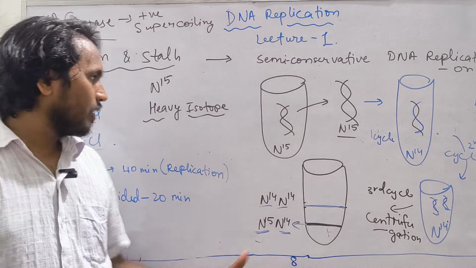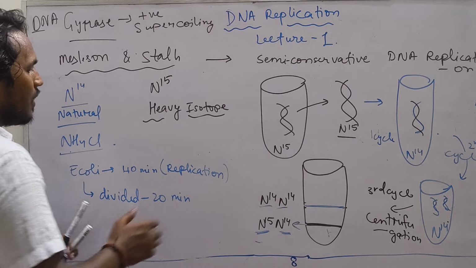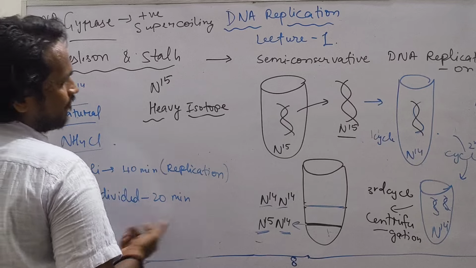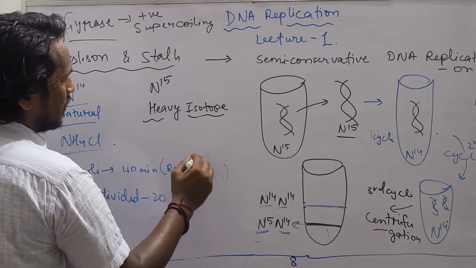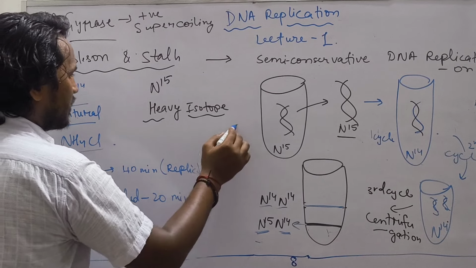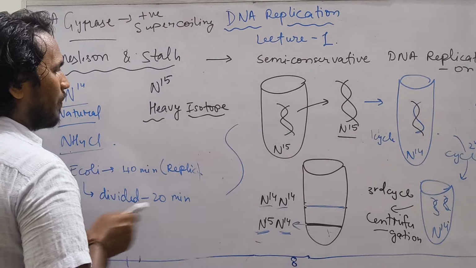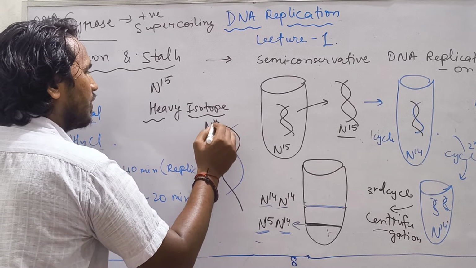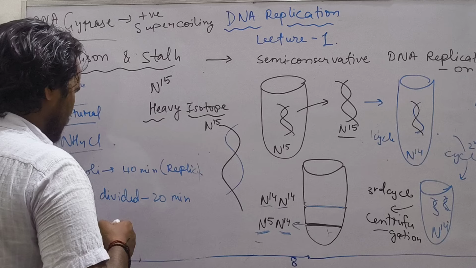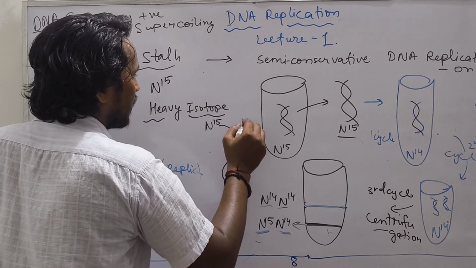So they concluded, if there is a DNA, let me draw here. One strand is coming from the parent. This is my parent strand N15, and this is my new strand which is N14.